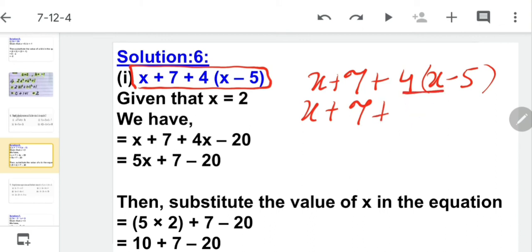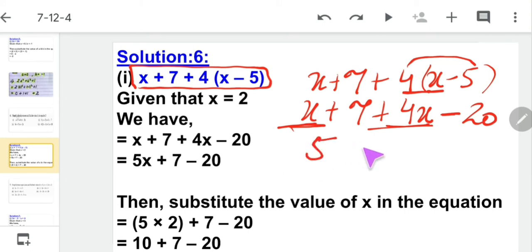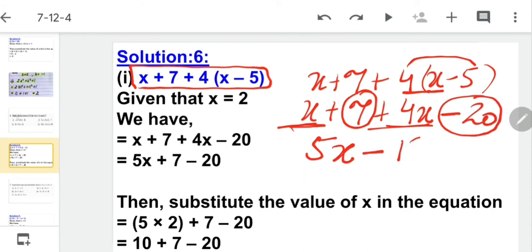So 4 multiplying with x will become 4x and 4 multiplying with minus 5 will be minus 20. Now this positive x and positive 4x will become 5x, and positive 7 and negative 20 will be negative 13.